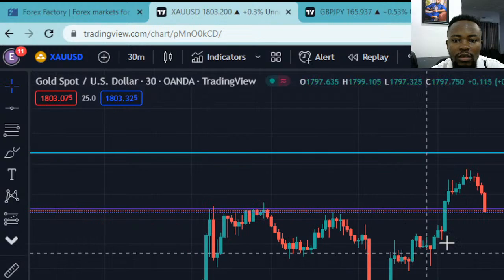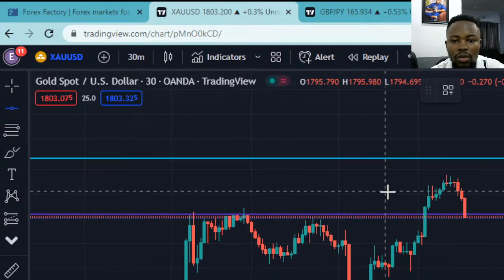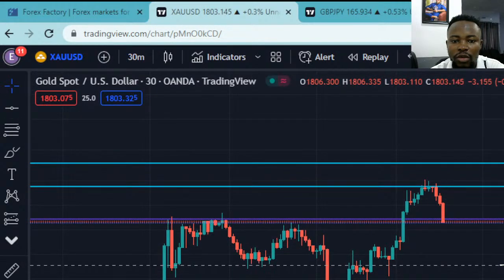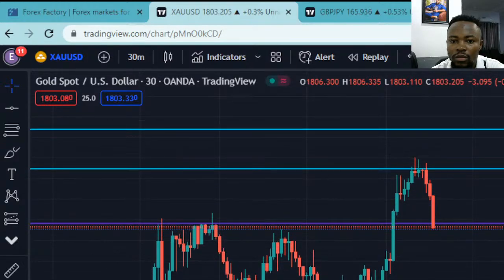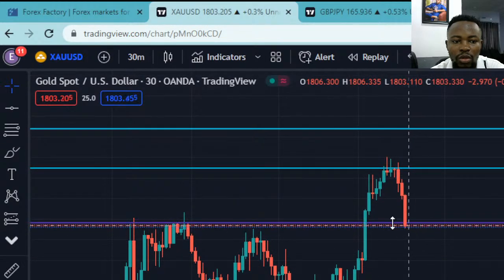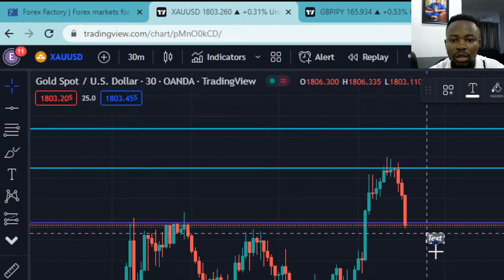So for buys, we can think of buys above here and our sells below this purple line. So let's put this down here.